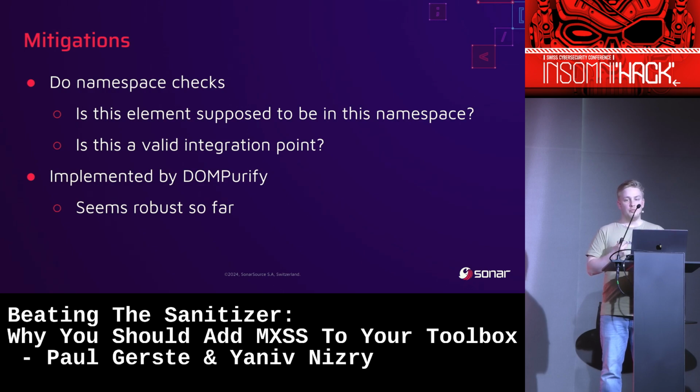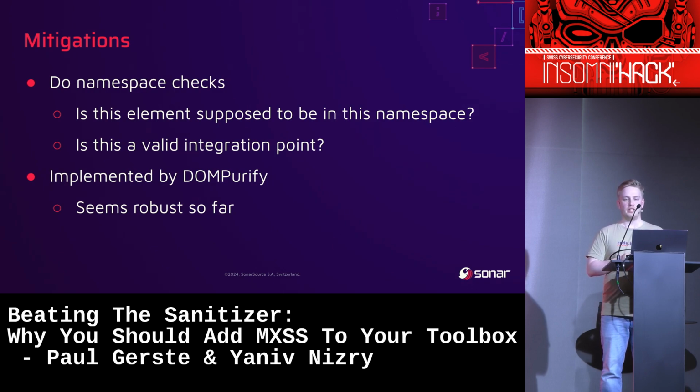All right, another mitigation, again for sanitizers, is to do namespace checks. This is basically when you really want to support SVG and MathML, like DOMPurify. Then you have to check for each element if the element itself is supposed to be in the namespace that it's in. Because if not, then something fishy is going on, some mutation probably, so you want to throw it out.